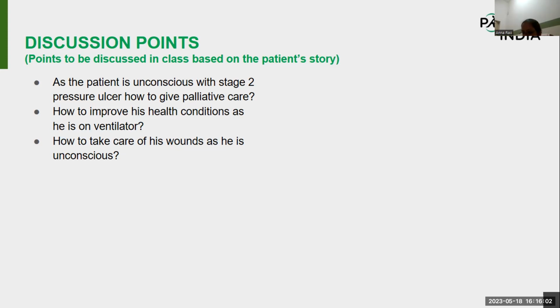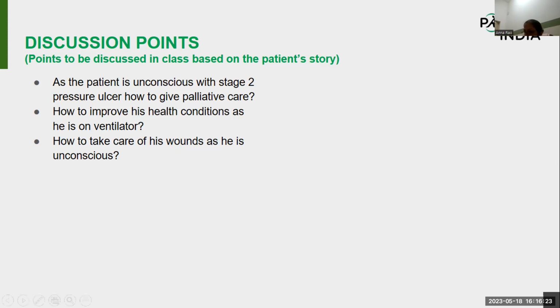Then I did not see any pain medication. Analgesic is not there, whereas the patient is getting some pain when the movement of the leg is done, right? So pain medication can be there.